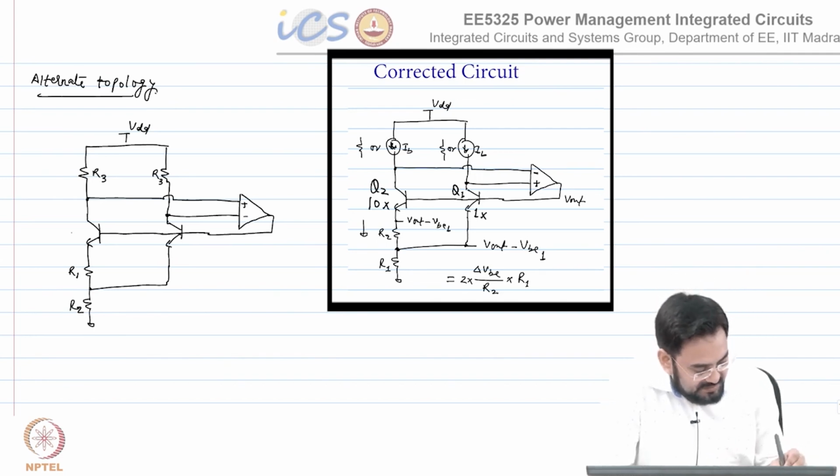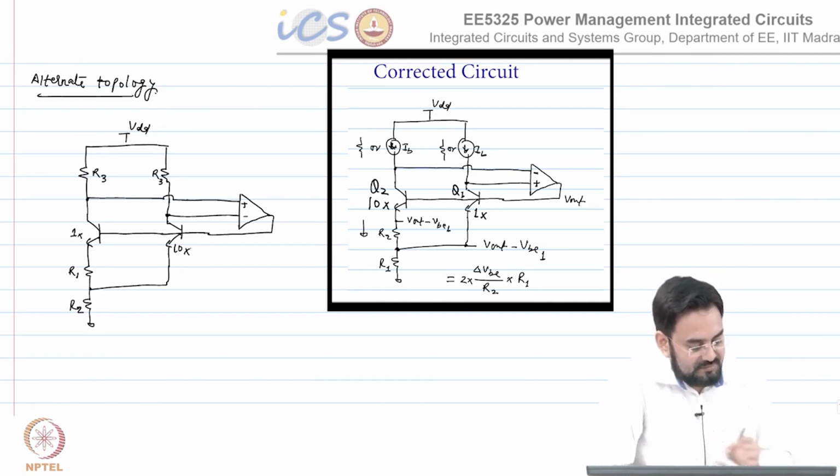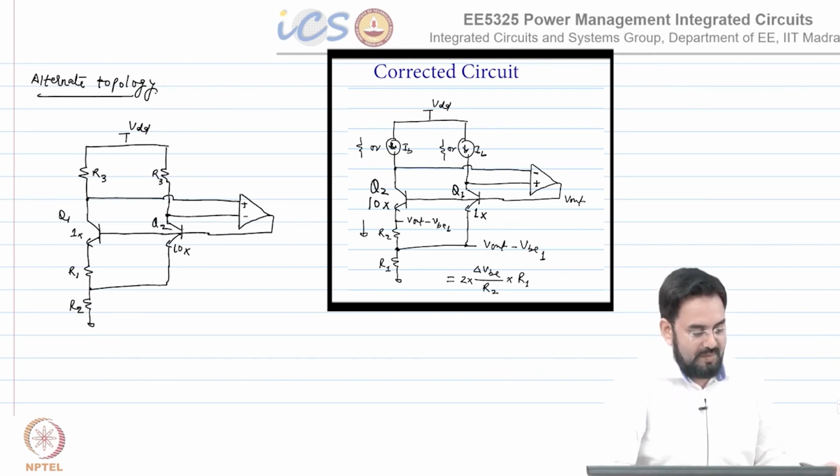Now, let us look at this. If this is a 1x device and this is again 10x, the same numbers which we had in the previous case. This is Q1 and this is Q2.